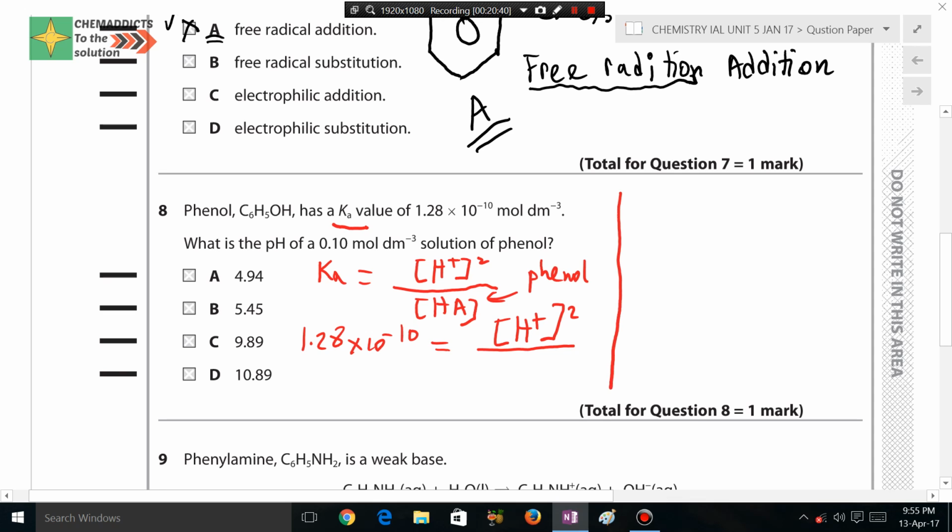Since phenol shows acidic properties when dissolved in water, we consider phenol as the acid. So we write the concentration of phenol, which in this case is 0.1 mole per dm cube.